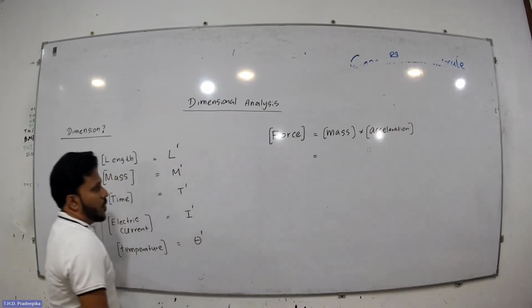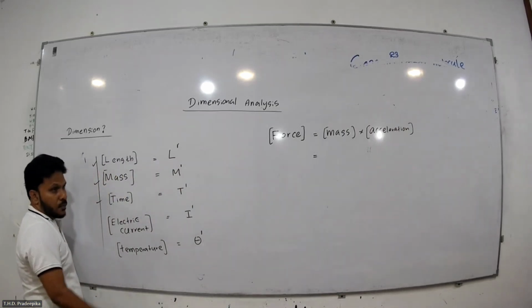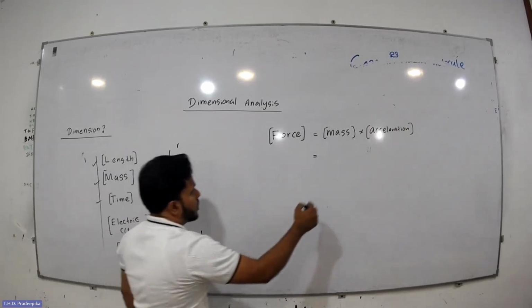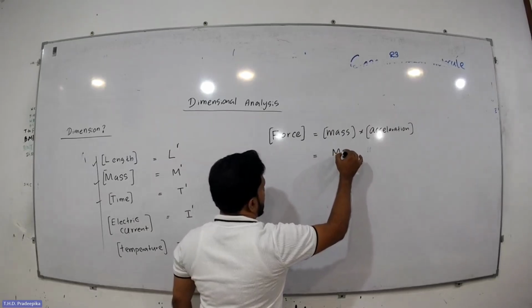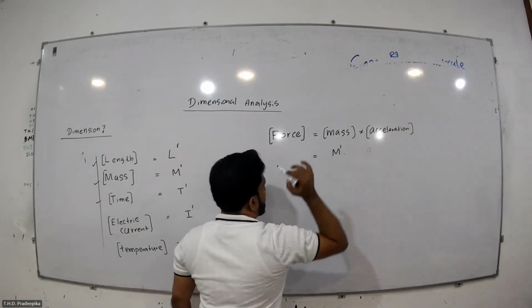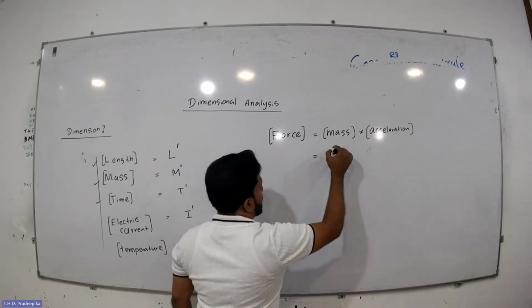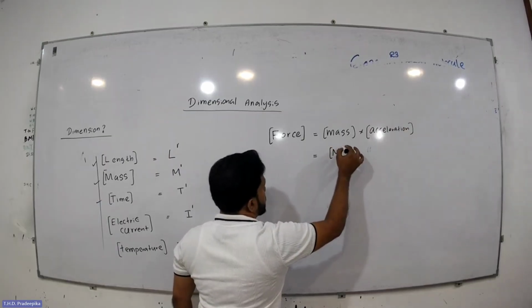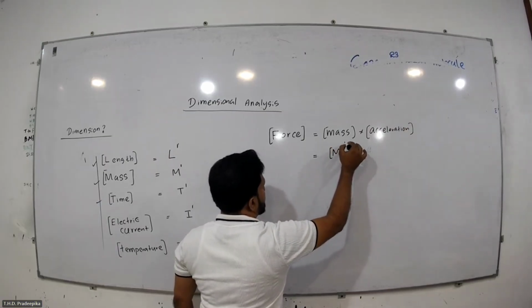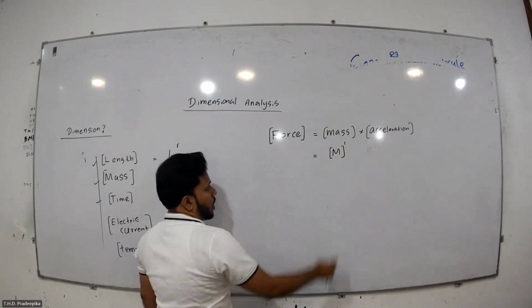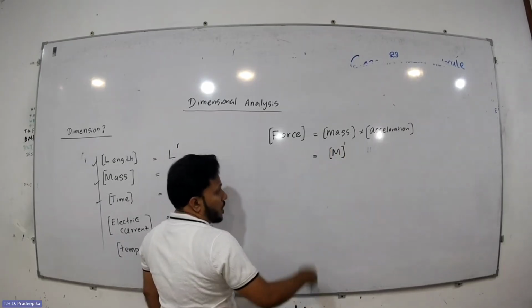What is the dimension of mass? The symbol is M, the dimension is 1. Another thing: we use square brackets when representing dimensions.